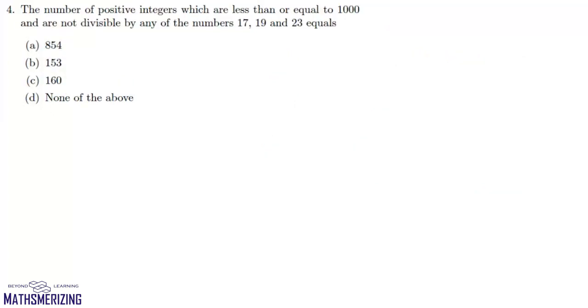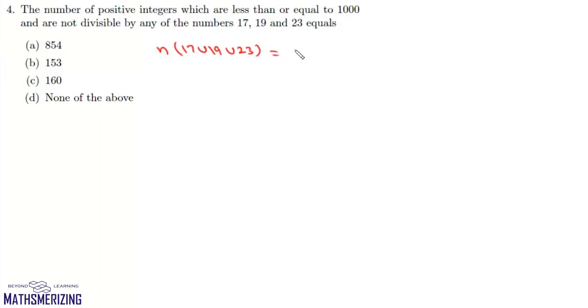Now question number 4 is: the number of positive integers which are less than or equal to 1000 and are not divisible by any of 17, 19 and 23. So first we'll find the number of numbers which are divisible by either 17 or 19 or 23.